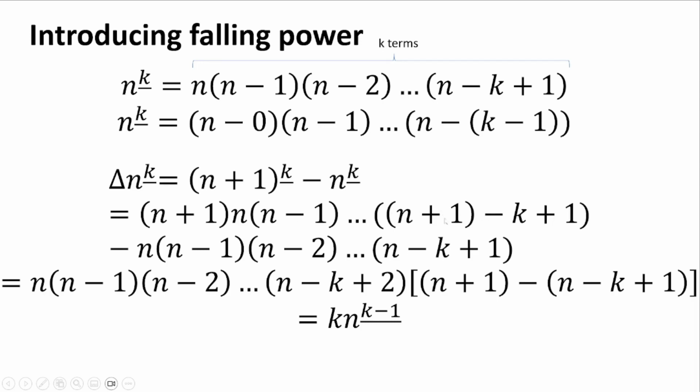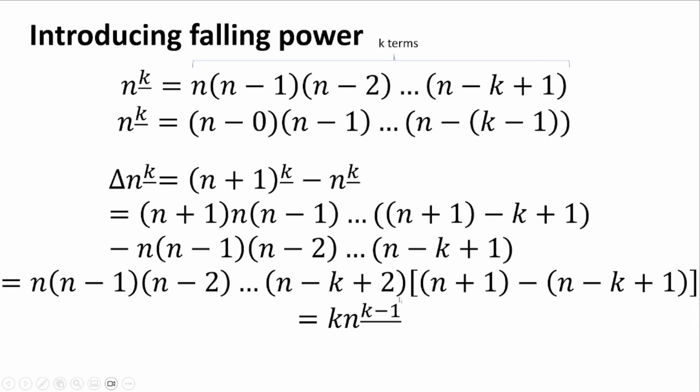If we subtract from it n to the falling k, n multiplied by n minus 1 multiplied by n minus 2 until n minus k plus 1, we get n multiplied by n minus 1 multiplied by n minus 2 until n minus k plus 2.